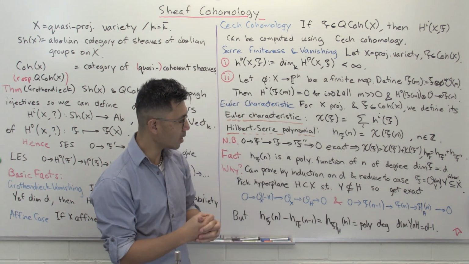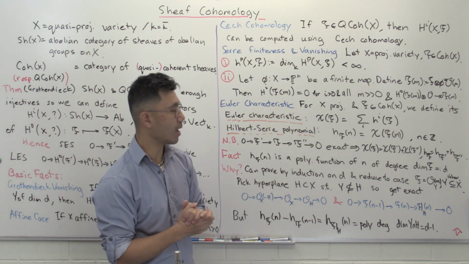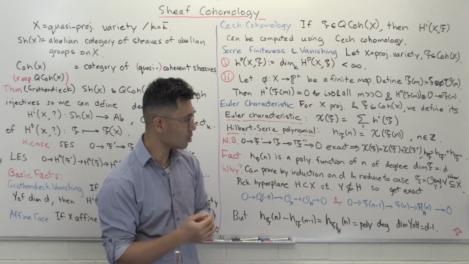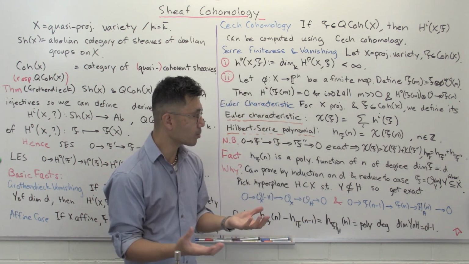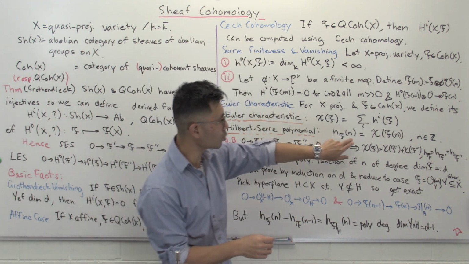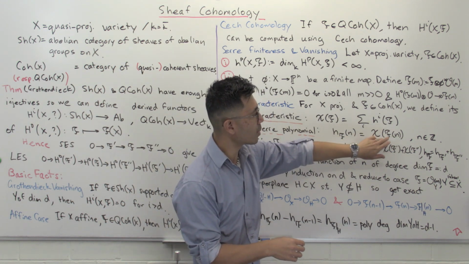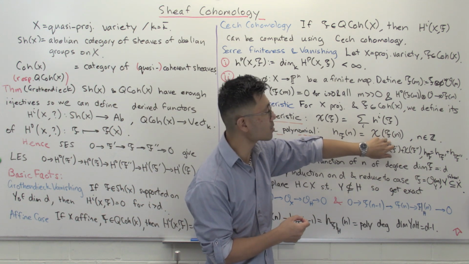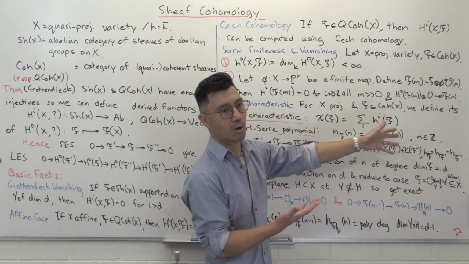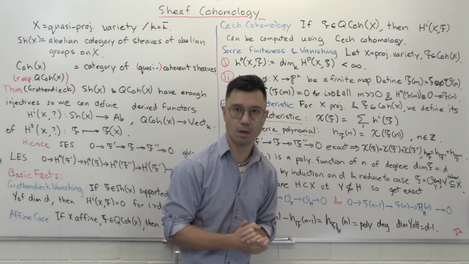That means you just have to check this for the skyscraper sheaf, and then you can use Grothendieck vanishing to see that you just get H0. To compute H0, it doesn't matter how many times you twist a skyscraper sheaf. If you tensor it with any invertible sheaf, you just get that skyscraper sheaf back by isomorphism. So chi of that is just h0, so it's just the constant 1. So you're getting constant polynomials there, and that's degree 0.